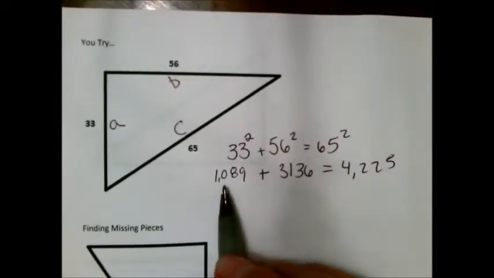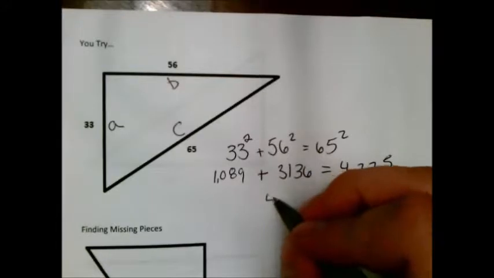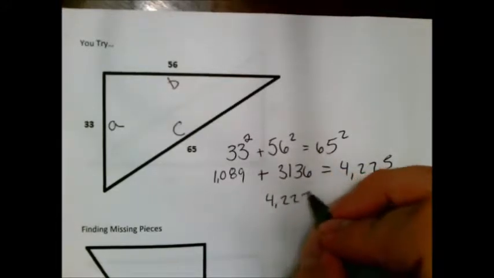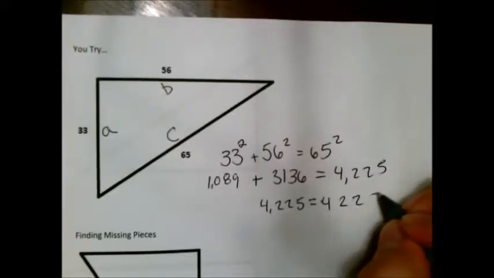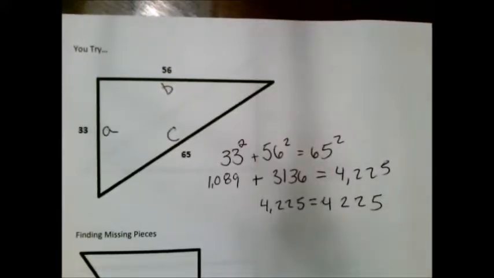Well, if you put this in your calculator, you should get 4,225 equals 4,225. So yes, in fact, this is a right triangle.